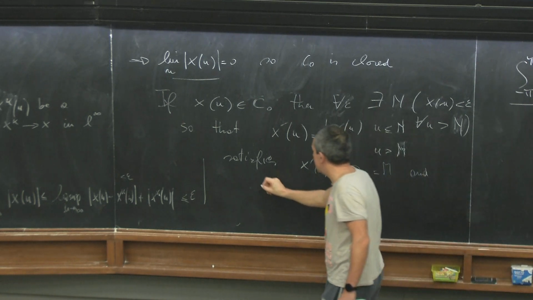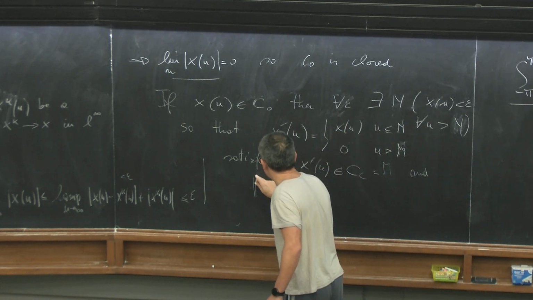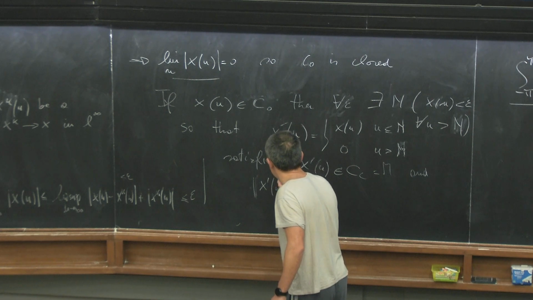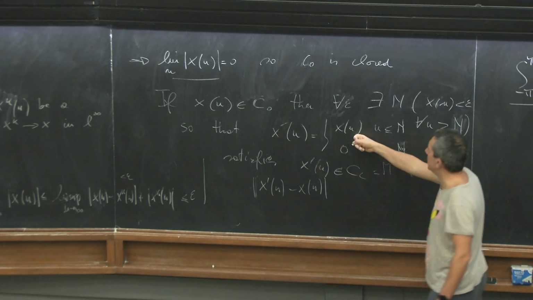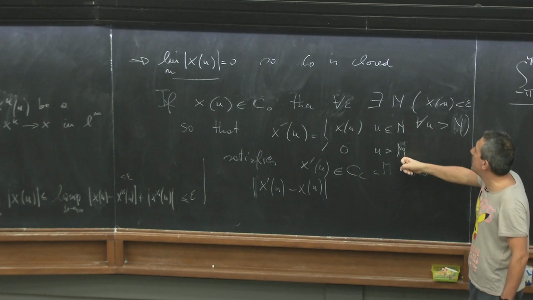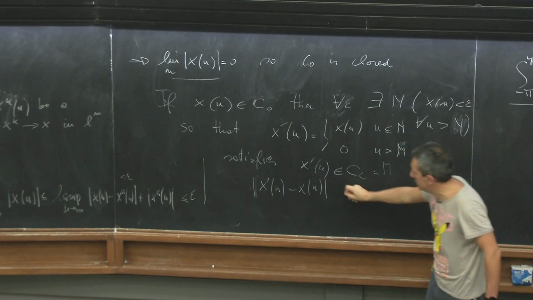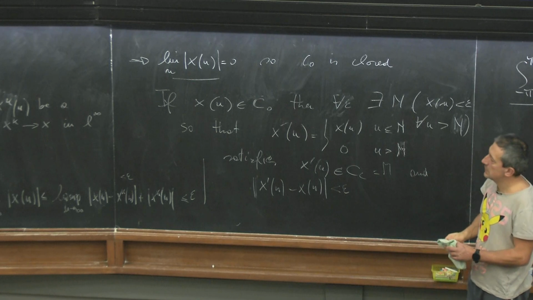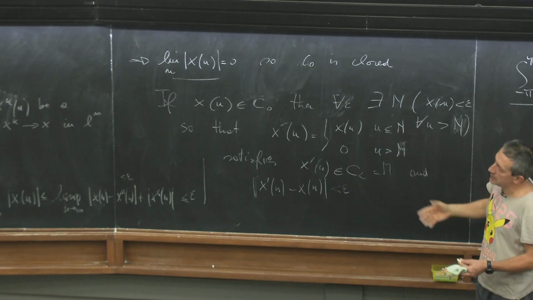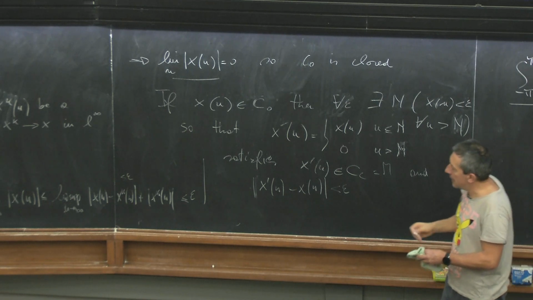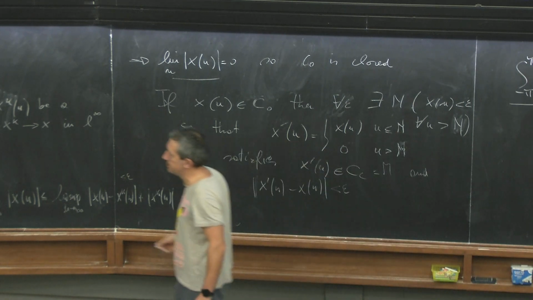And what is the distance? It is 0 up to N bar, and from N bar on it is bounded by epsilon. So my space is dense, and C0 is closed. Conclusion: M bar is C0.